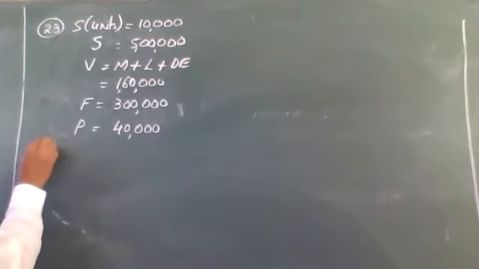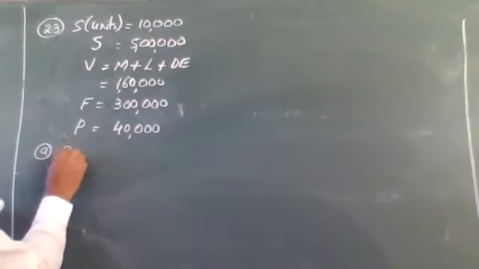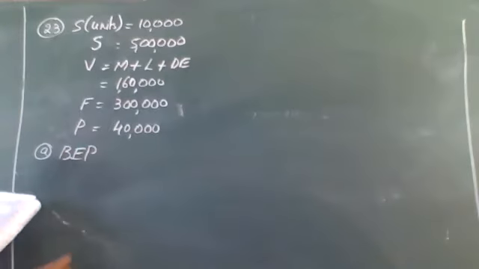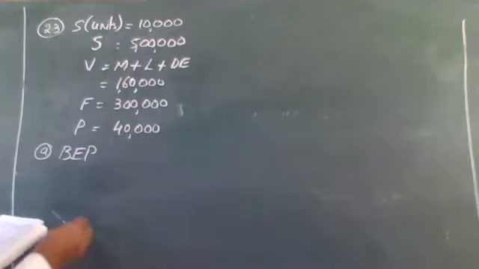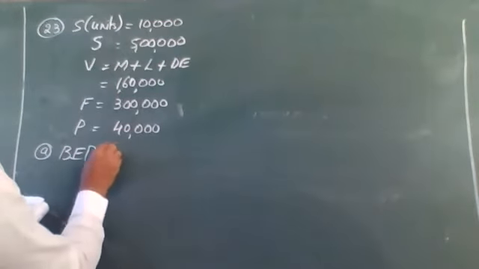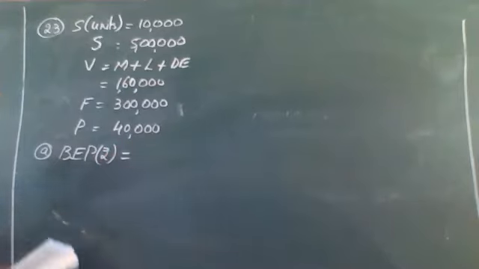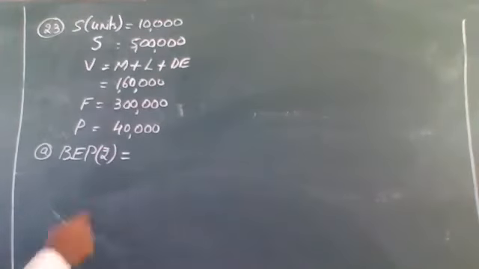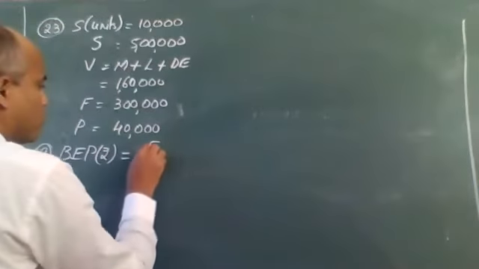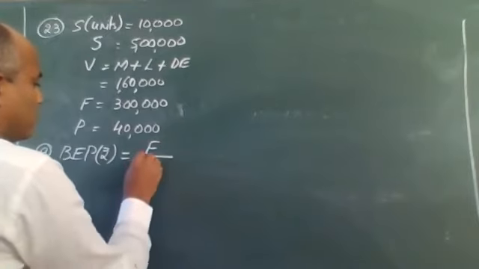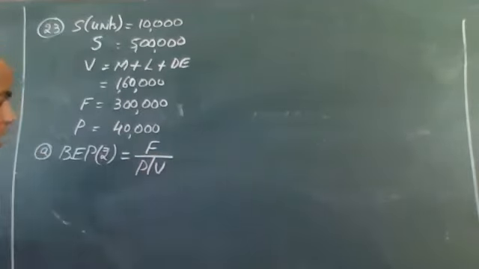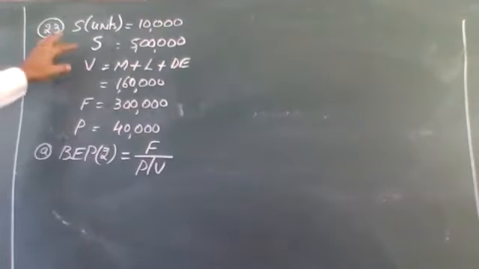The first part is asking what is break-even point. Break-even point I can either express in rupees or express in percentage. So break-even point I'm taking rupees formula here, fixed cost divided by PV ratio. Now, do you have fixed cost here? Yes, sir.